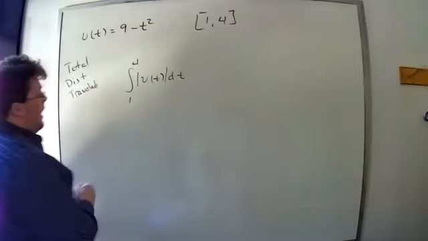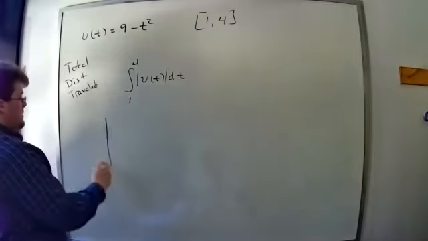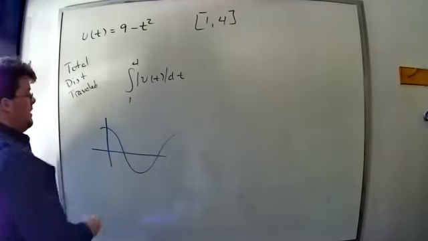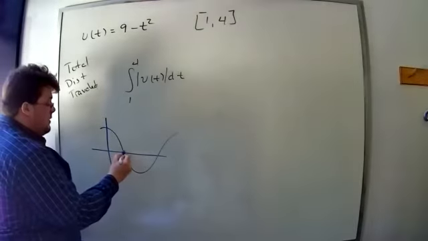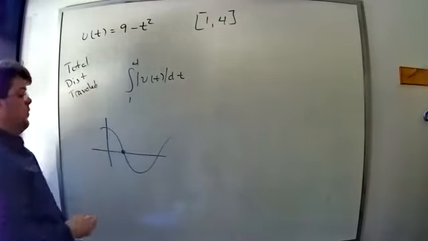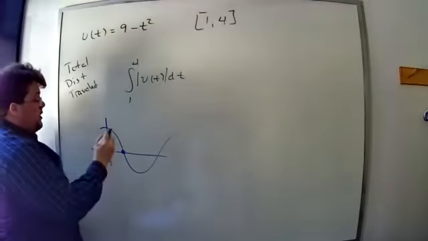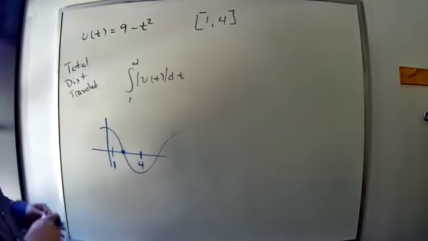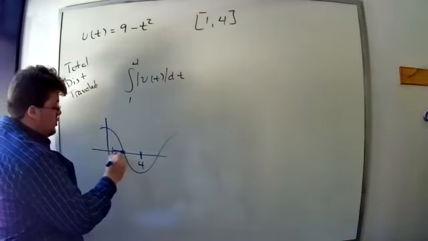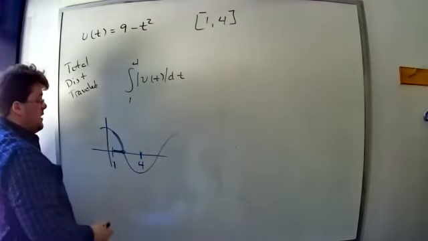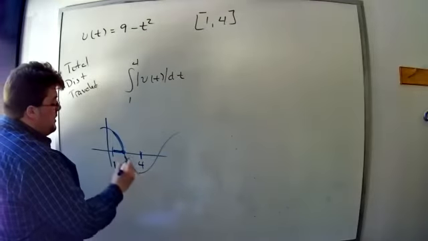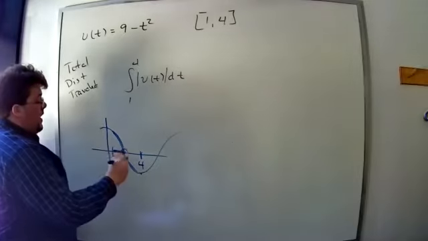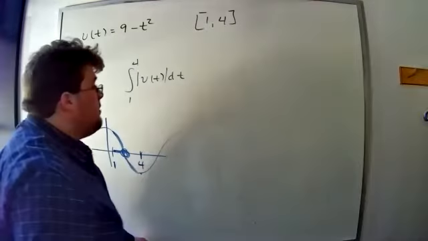Well, first observation, whatever the function looks like, to integrate an absolute value, we're going to have to break the interval 1 to 4, in this case, into the pieces on which the function is above the x-axis and the pieces on which the function is below the x-axis. So we need to find first where the velocity is 0.